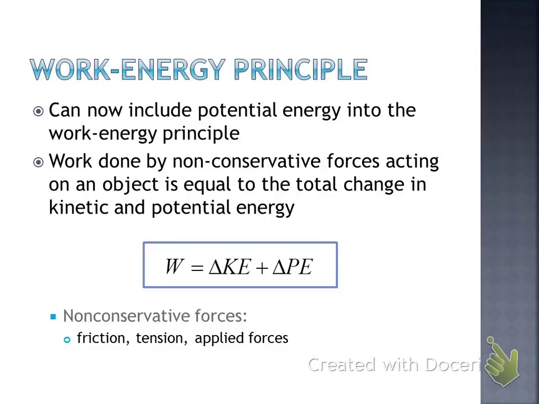That would be equal to this change in potential plus change in kinetic energy. This is something that your book kind of throws at us a little bit, and I'm not too concerned with you knowing the difference between a conservative and a non-conservative force. But yeah, that's pretty much all I want to tell you with that.